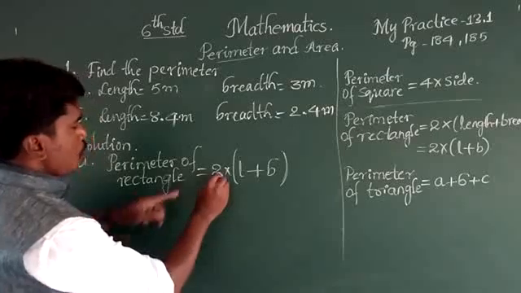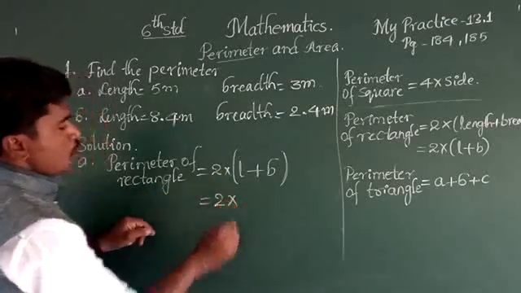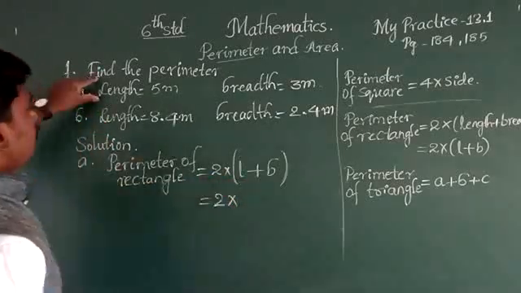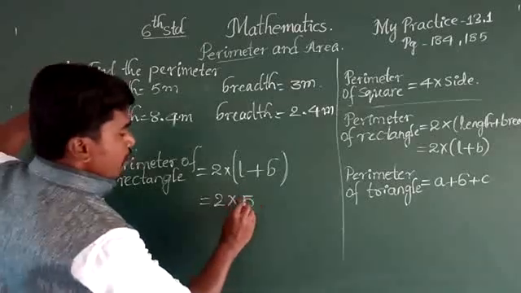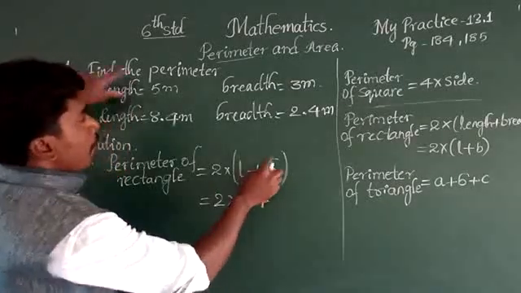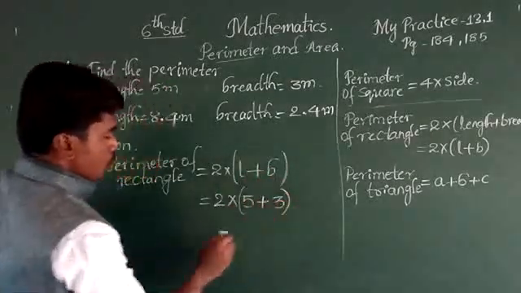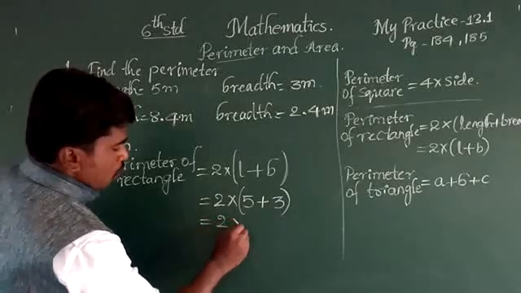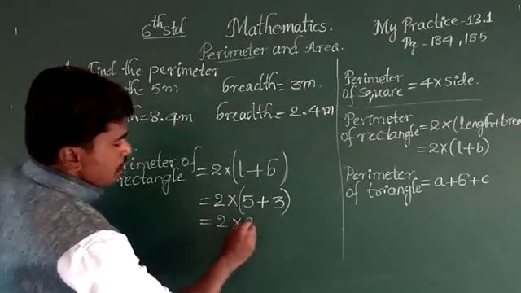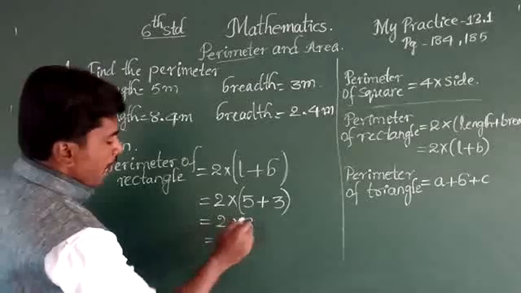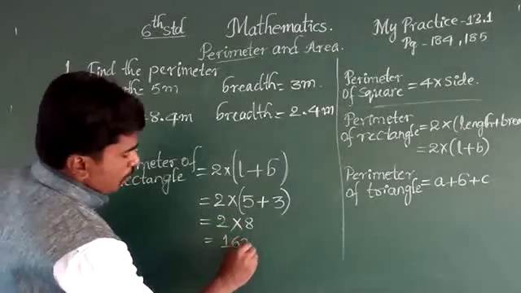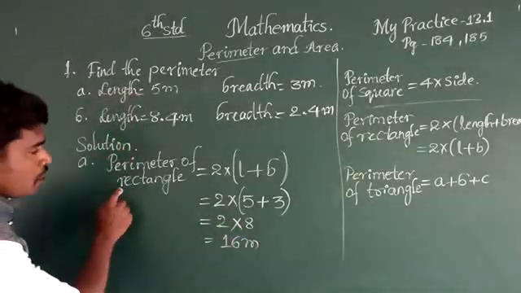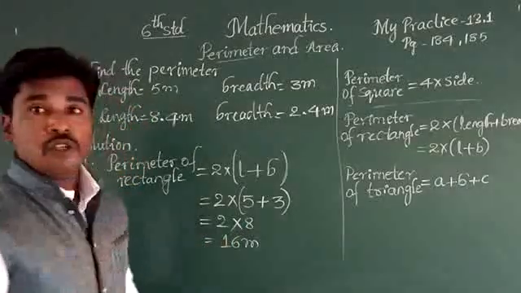Observe dear children, 2, write it as it is, into. What is the length here in the first one? It is 5 plus breadth is 3. So next is 2 into 5 plus 3 is 8. So 2 8s are 16 meter. So perimeter of rectangle is 16 meter.